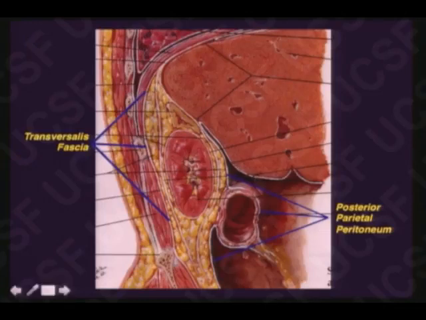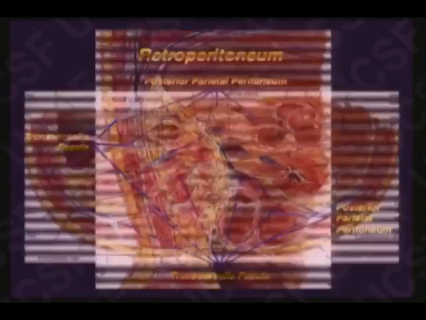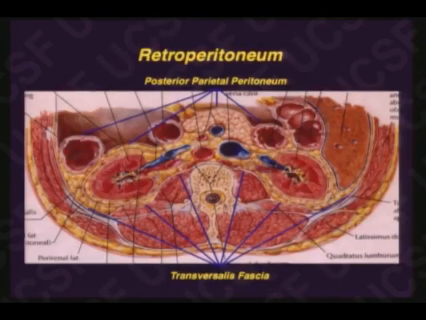Go from the other direction, find our posterior parietal peritoneum, and there we identify the organs and some of the fascia we typically associate with the retroperitoneum. All seen better in axial planes, where here we're digging through the very thick back muscles, but as soon as we get through them, we run into our transversalis fascia, posterior parietal peritoneum, and all of the organs we typically associate with the retroperitoneum.